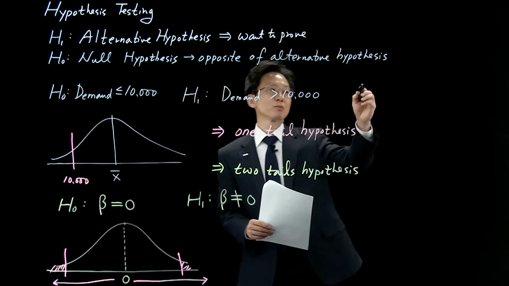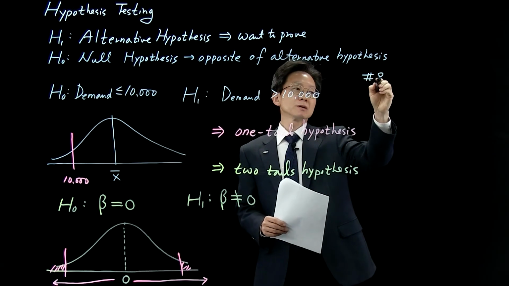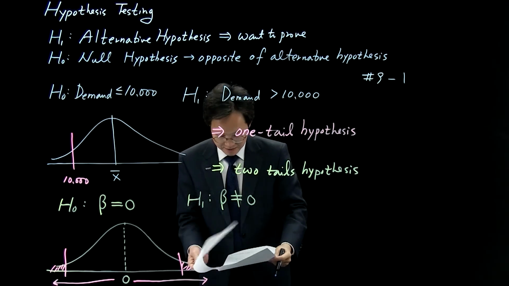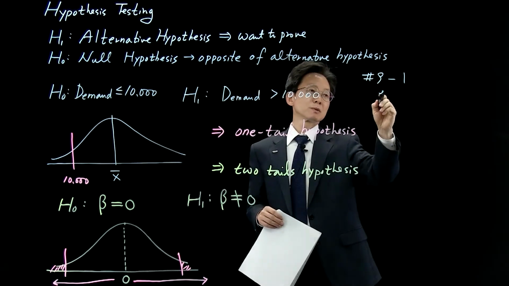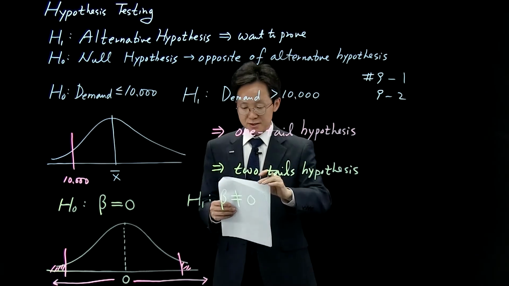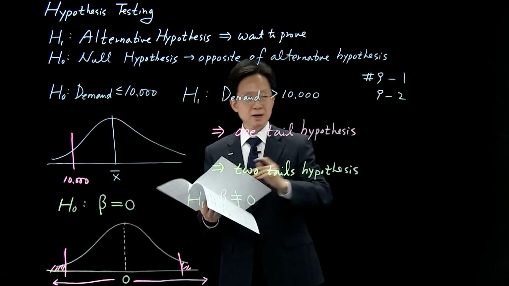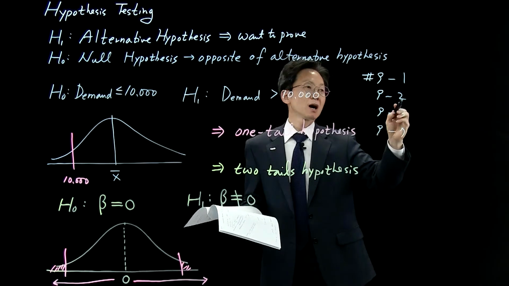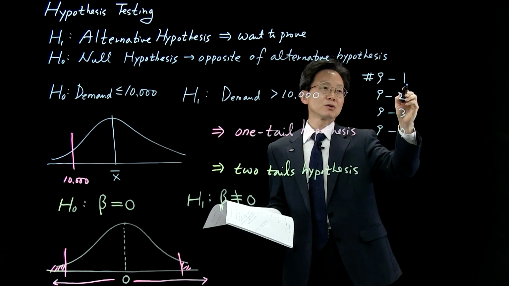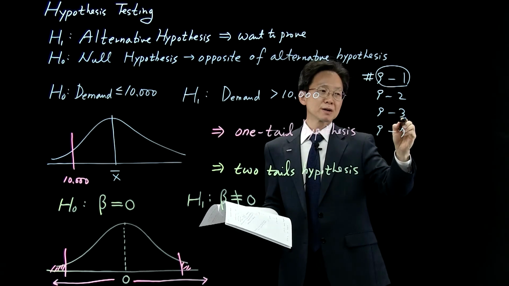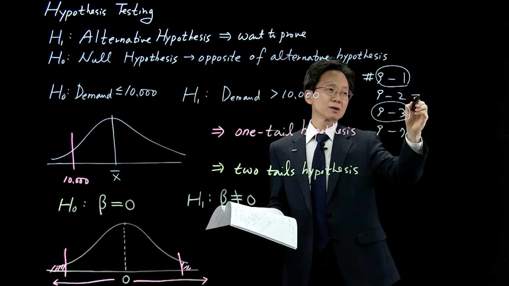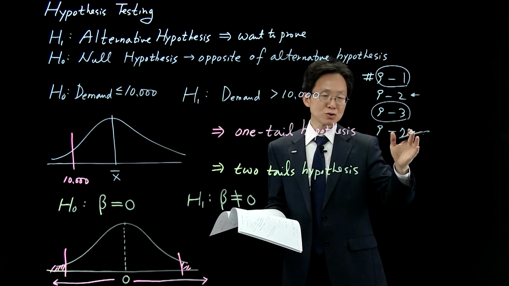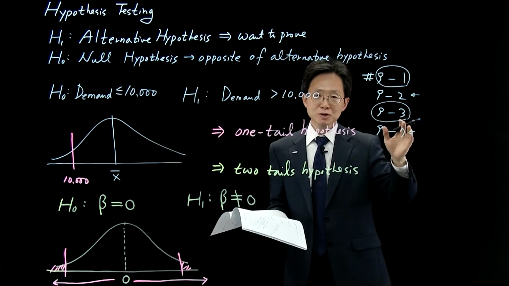So I will probably work with problem number 1 in chapter 9, right? And also problems number 2 and 3 and I think 7. What I will do is fully work on number 1 and number 3, and then for number 2 and number 7 I will give you some time so that you yourself work on these problems.